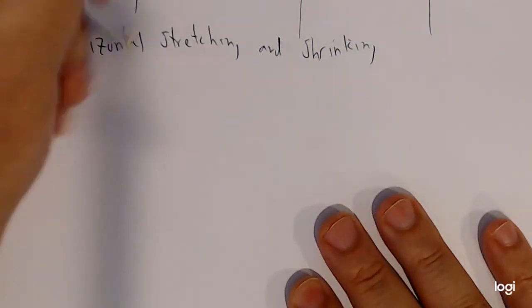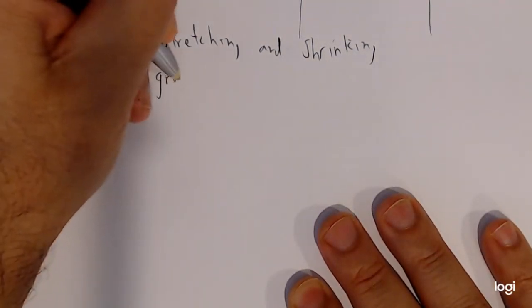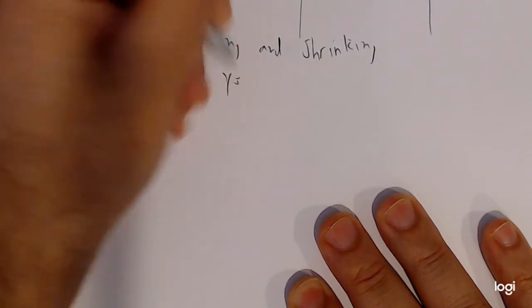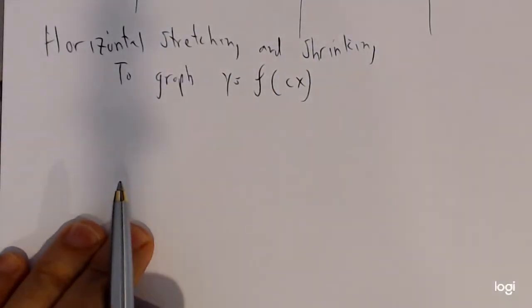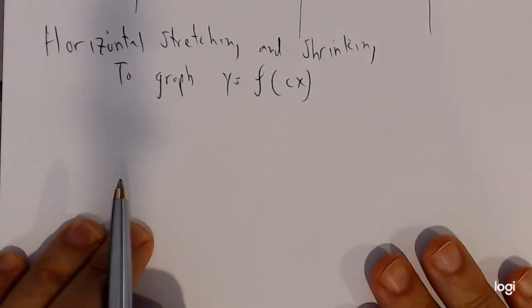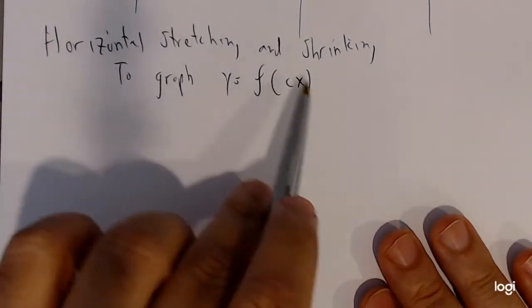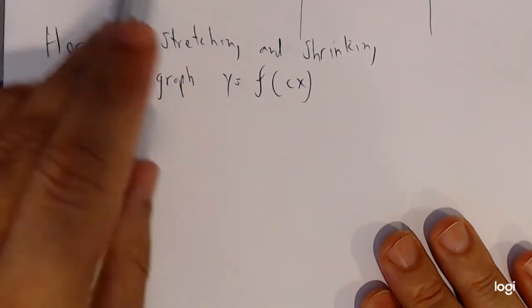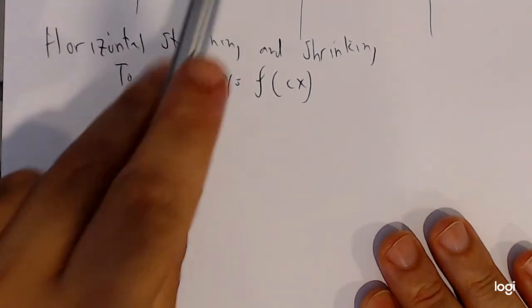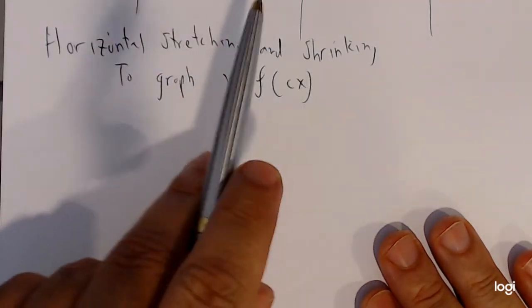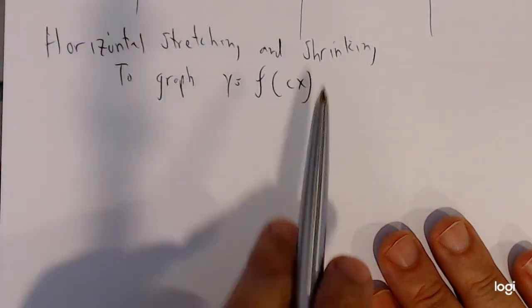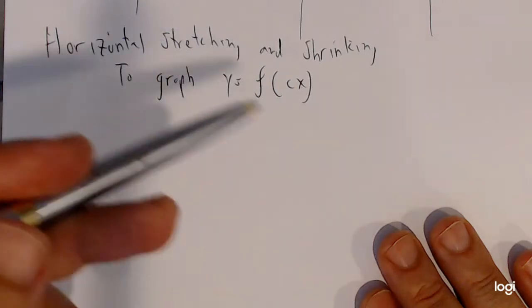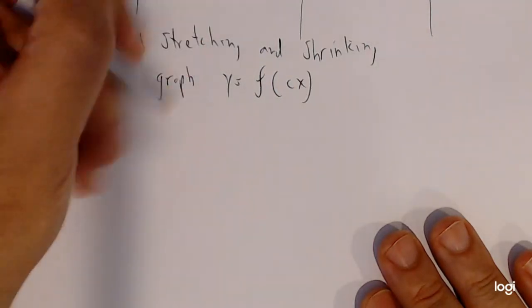So we're going to say to graph y equals f of cx. Here's where we have to be careful, because remember the vertical stretch and shrinking for c, the number just told you whatever it was. If it was greater than 1, we stretch. If it was between 0 and 1, we shrink. This one is kind of backwards. It's the opposite. So think of it this way.